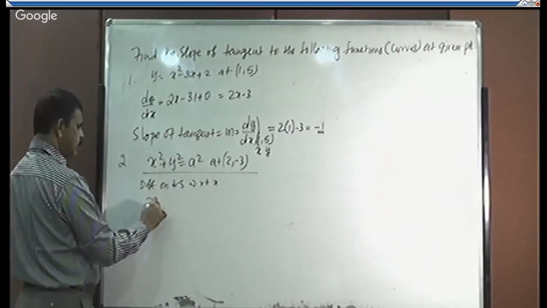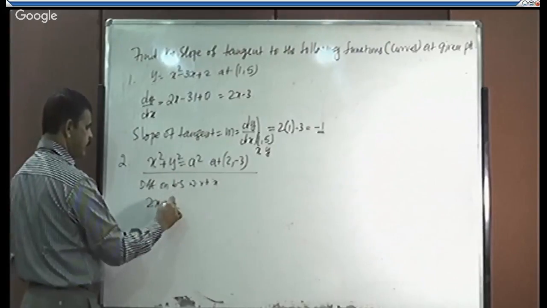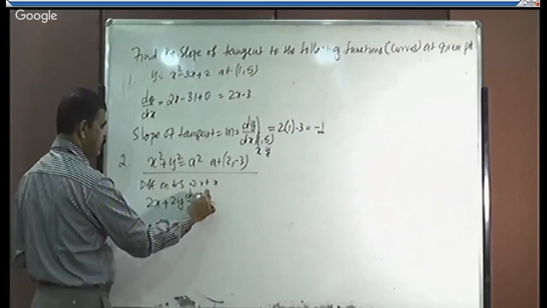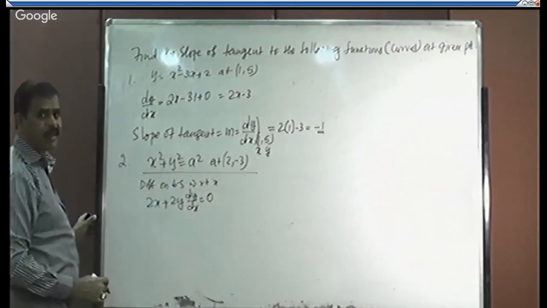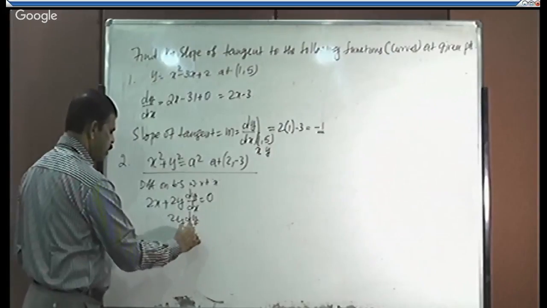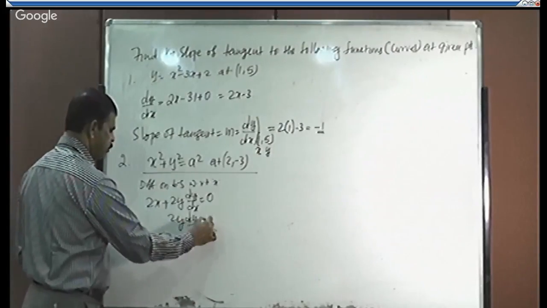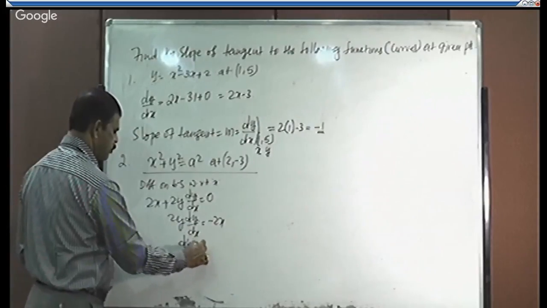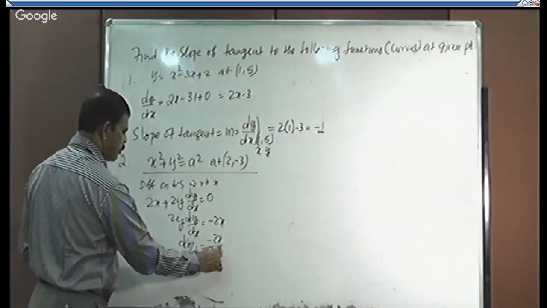Differentiation of x square is 2x plus differentiation of y square is 2y into dy by dx. For a square it is 0, a constant. So 2y into dy by dx is equal to minus 2x, or dy by dx is equal to minus 2x divided by 2y.